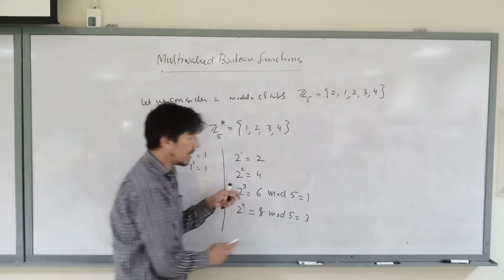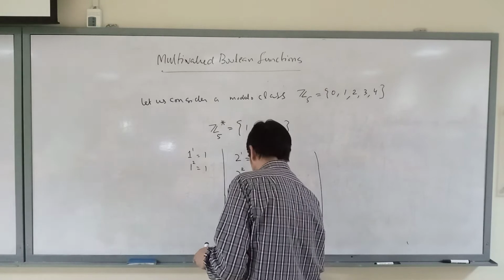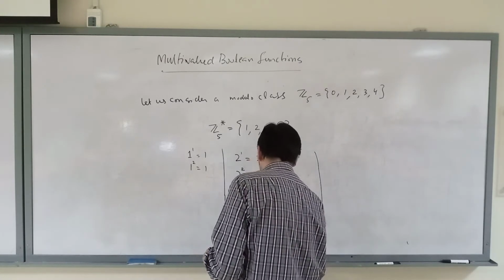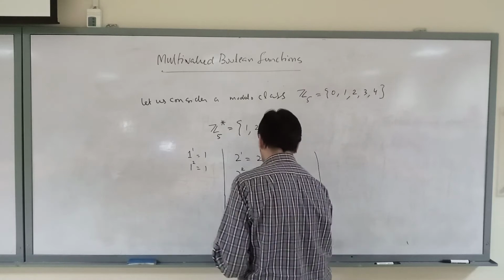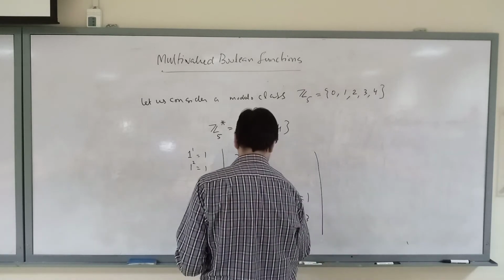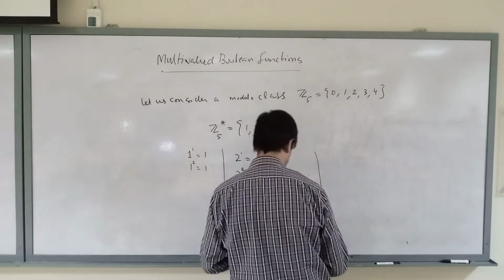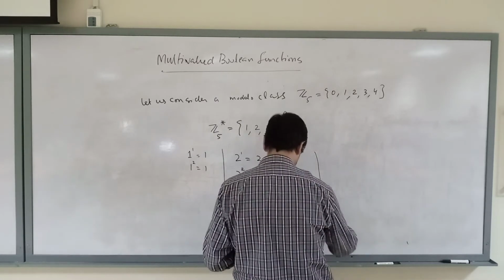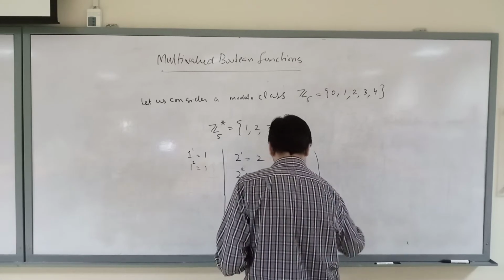In that case, we can say 2 is primitive. 2 to the power 3 is 8, sorry, I must correct that.